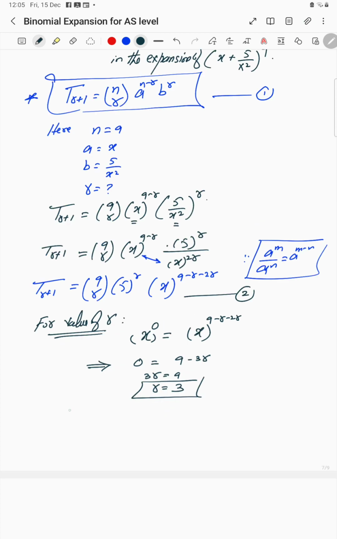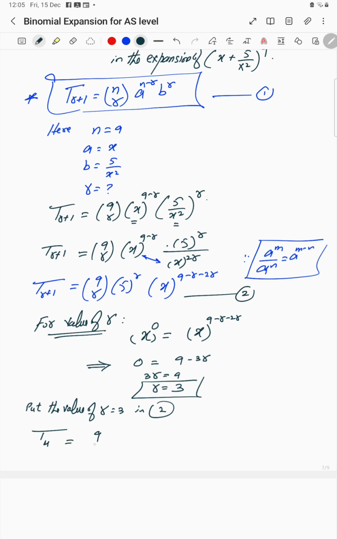Now put the value of r in equation 2. We can put the value of r, that is 3, in equation 2. We get T(3+1), that is the fourth term.